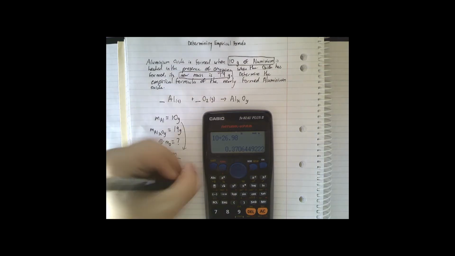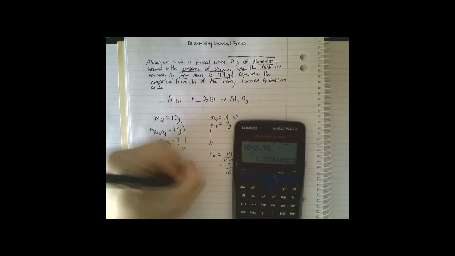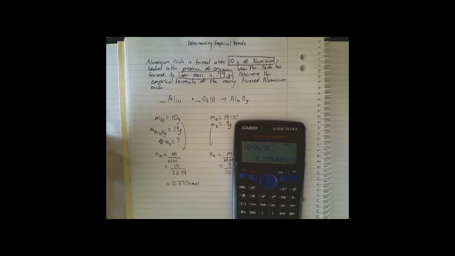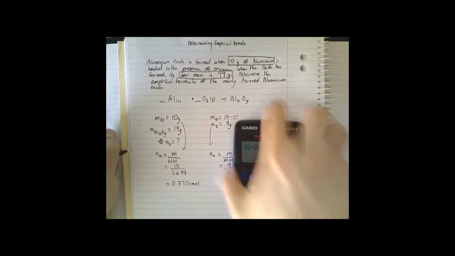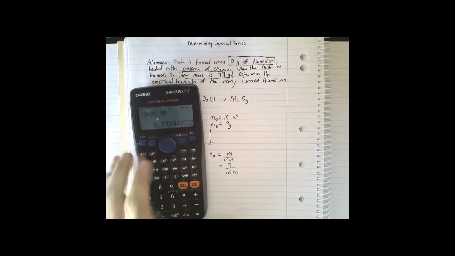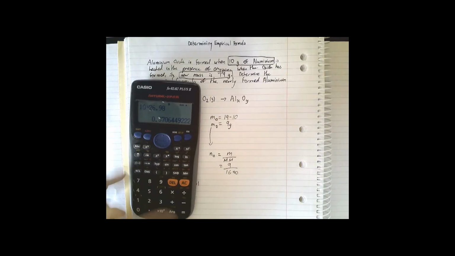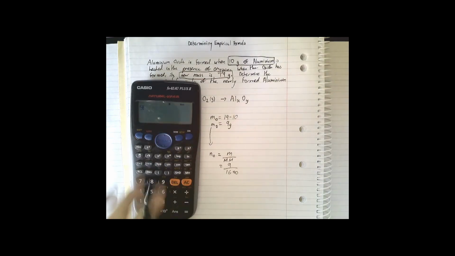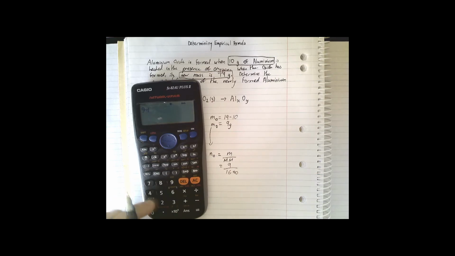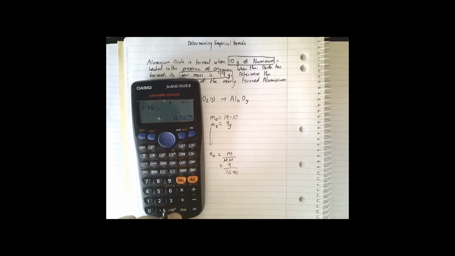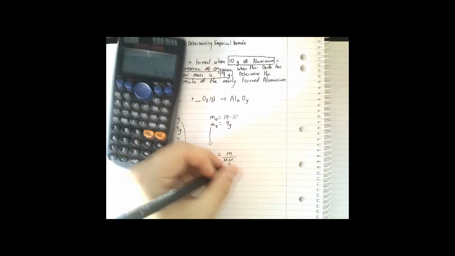For now, we don't have to write out the entire number, but that's going to be MOL for mole. Over the other side, let's do the number of moles of oxygen. So that's going to be 9 divided by 16. And that is 0.5625.